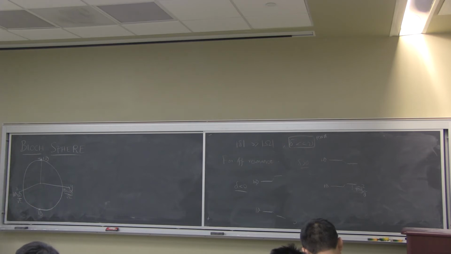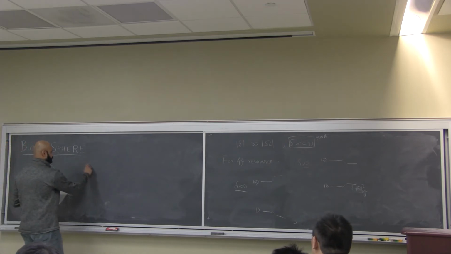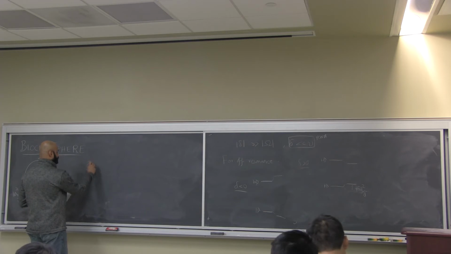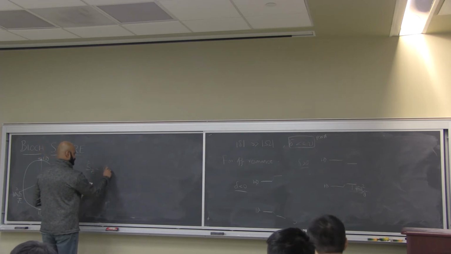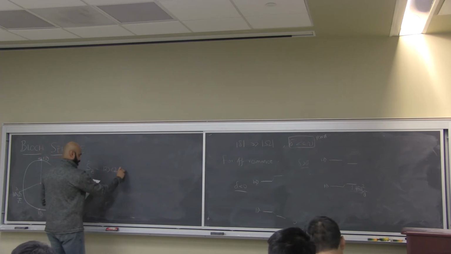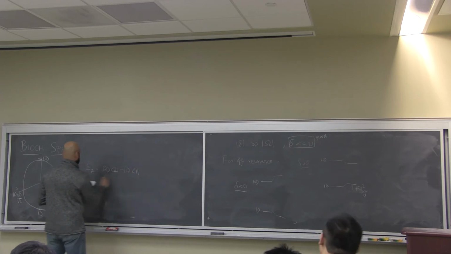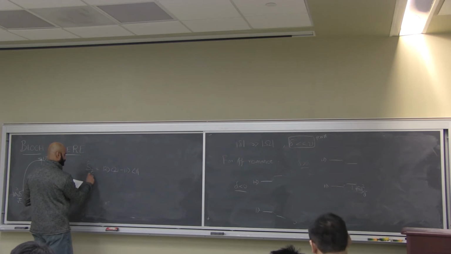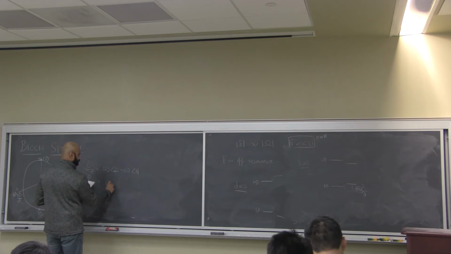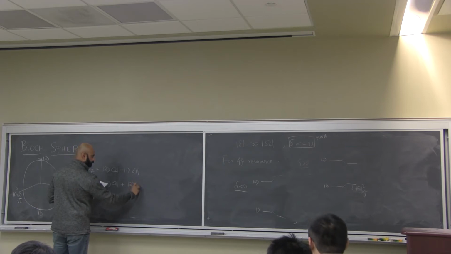Okay? So we can now define a pseudo-spin operator Sz, which goes as |2><2| minus |1><1|, and Sx, which goes as |1><2| plus |2><1|.